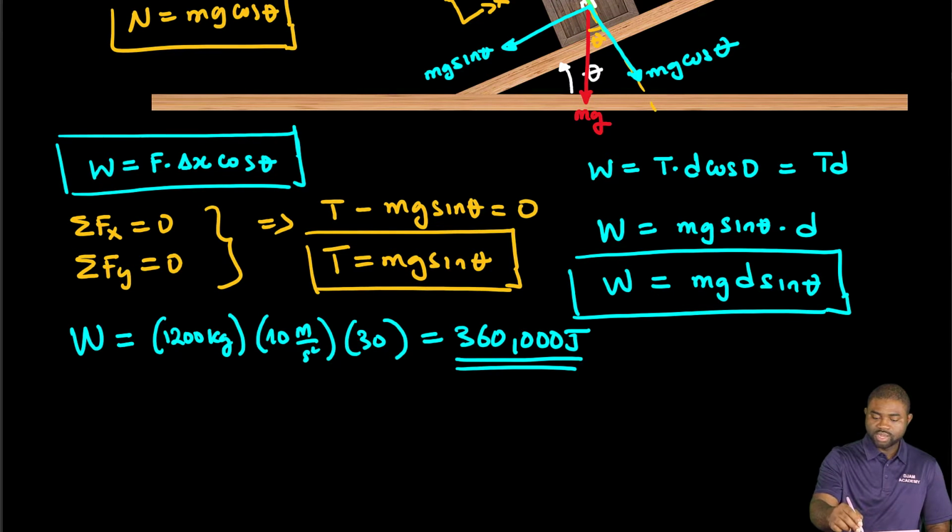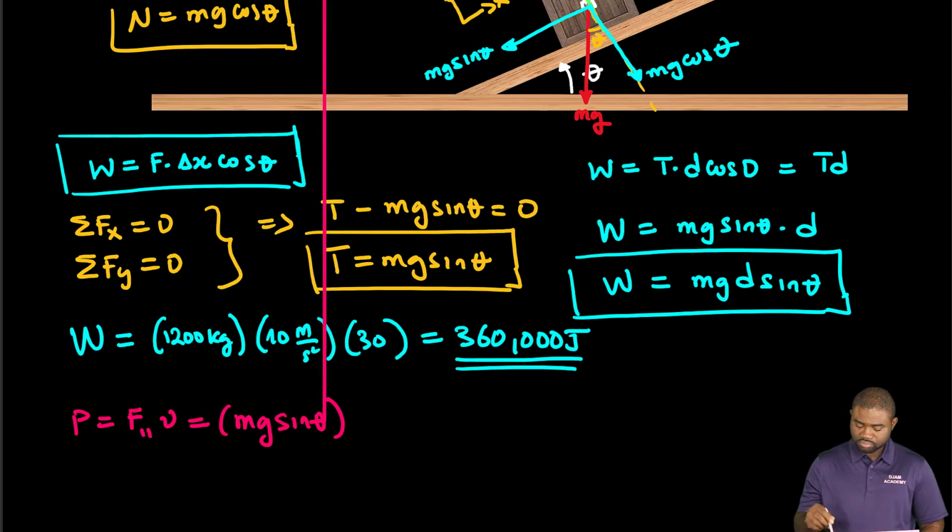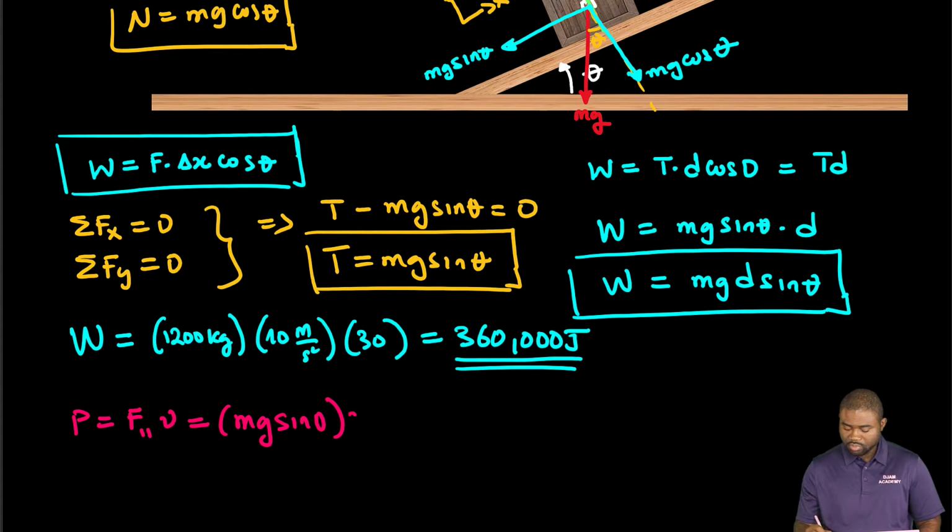Bear with me that the average power is equal to F parallel multiplied by V. This will be equal to mg sine theta multiplied by V, which is equal to mgv sine theta.